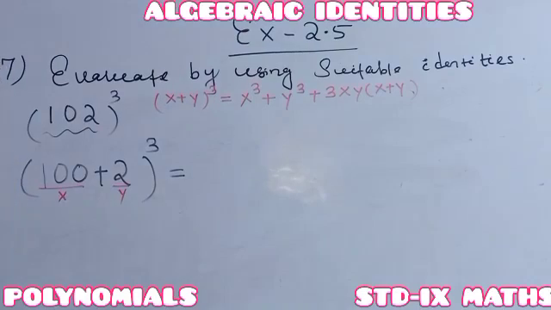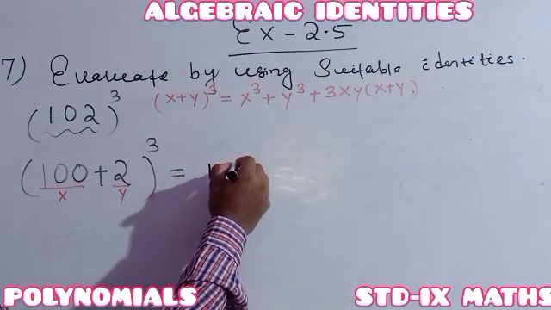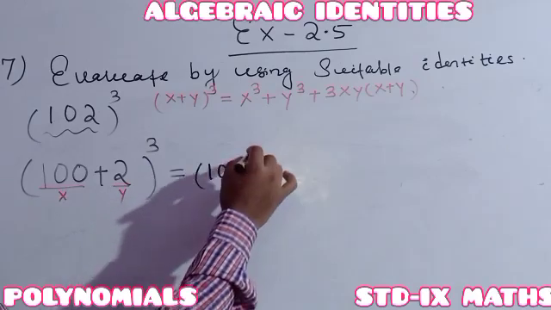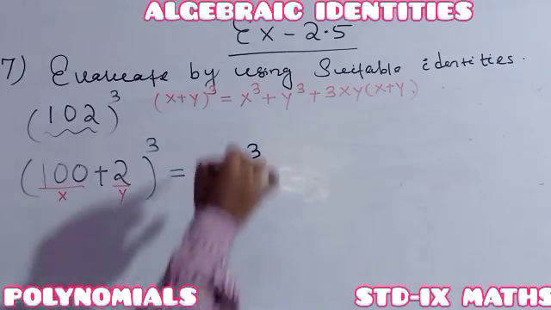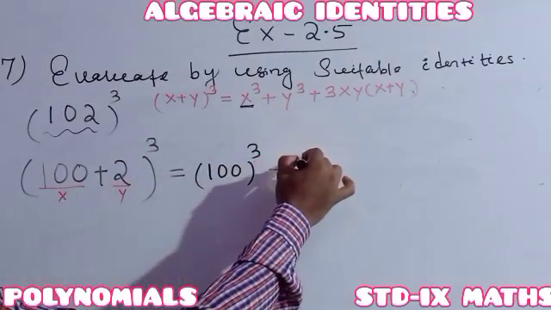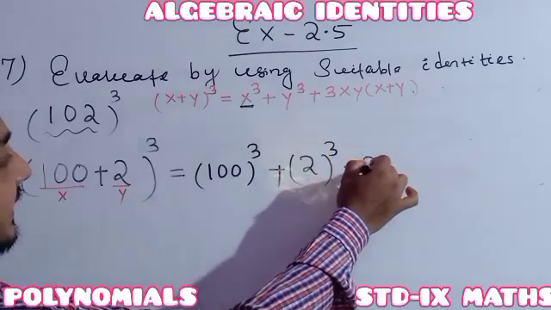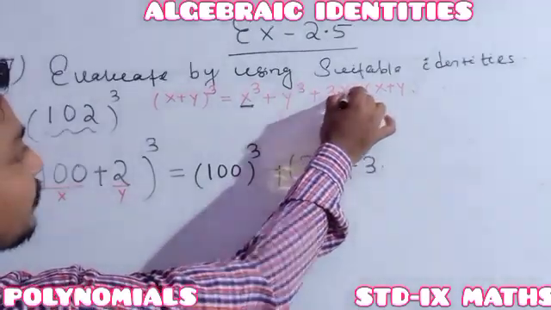See, first one is x cube. In place of x it is 100, its cube, because first number cube. Then after, second number cube, means 2 cube. Then after, plus 3 into first number into second number.